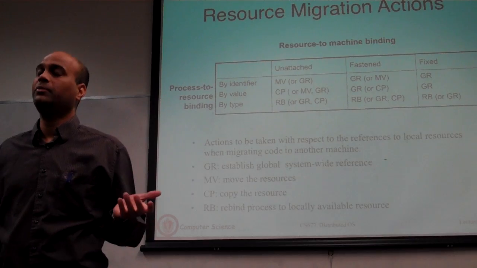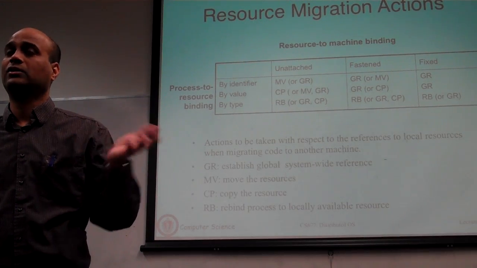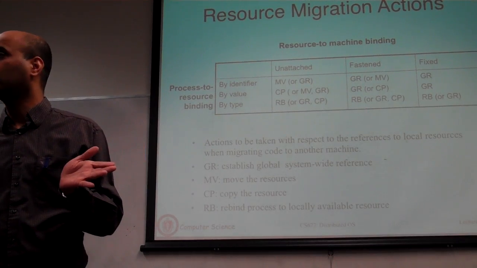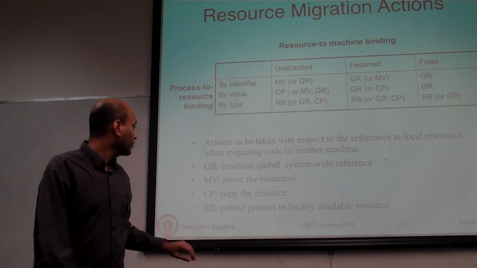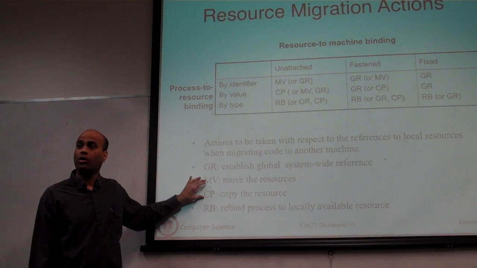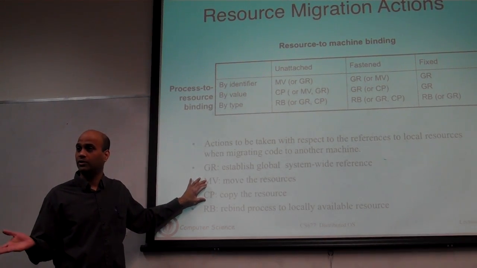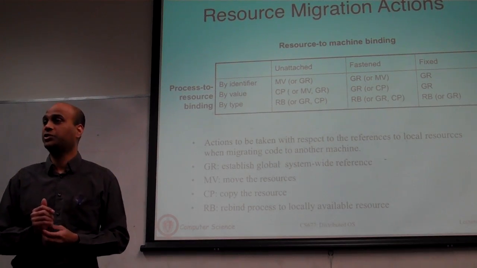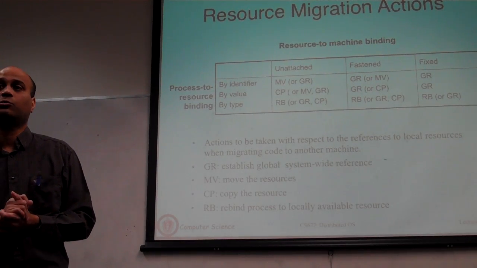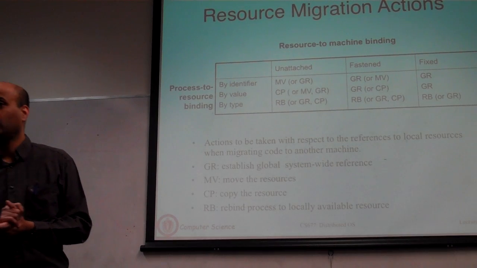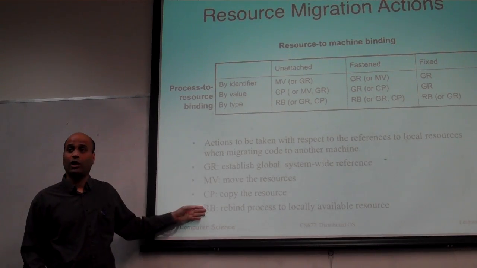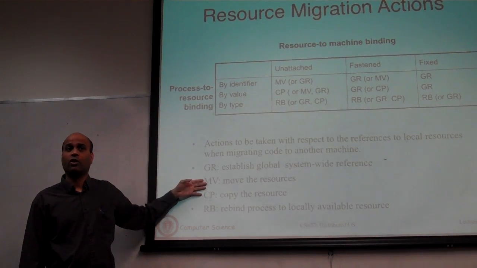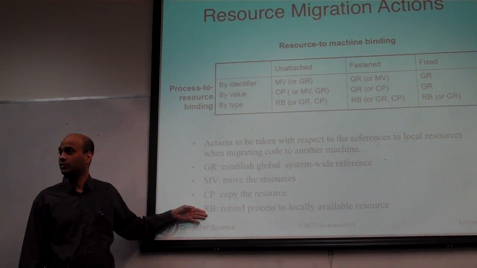Global reference essentially means that you can access this resource remotely. You have a name, you can access it over a network. Okay. And then you have another technique which is move or copy, which means you can move or copy that resource from one node to another. The third one says rebind, which is substitute with another suitable resource. Okay. So your strategies are: you provide access to the resource over a network, you move or copy it, or you substitute that resource with another resource.